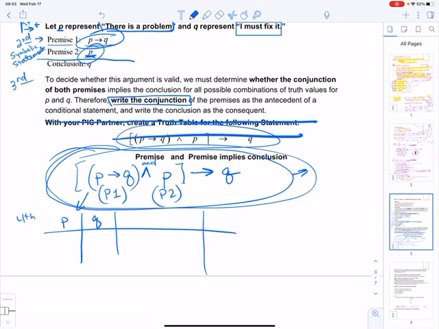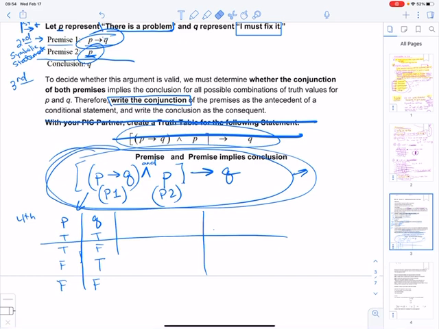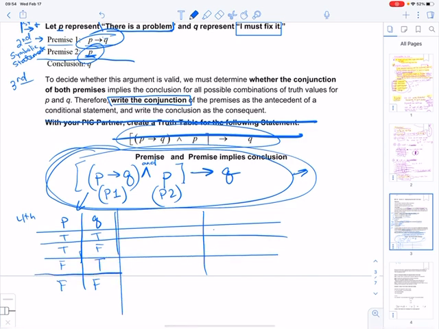So here I have P and Q, which we know the cases are true, true, true, false, false, true, and false, false. All right, so let's see what that looks like. Make this a little prettier.